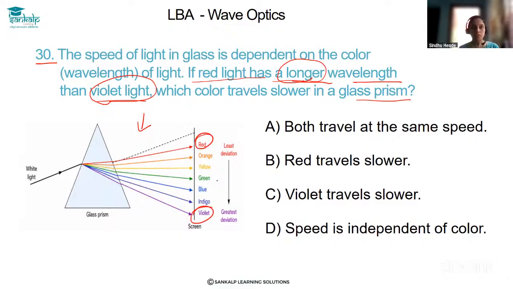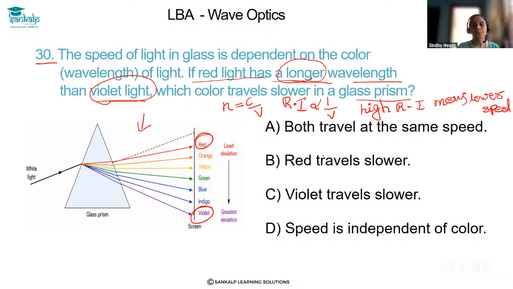Here, as we know, the refractive index of glass n is equal to c by v. Refractive index is always inversely proportional to speed. High refractive index means speed is low, so lower speed.